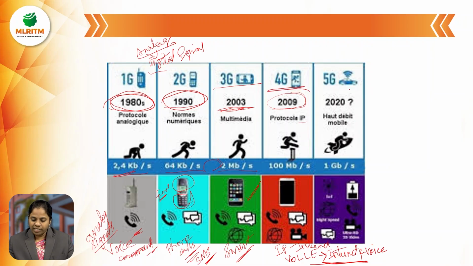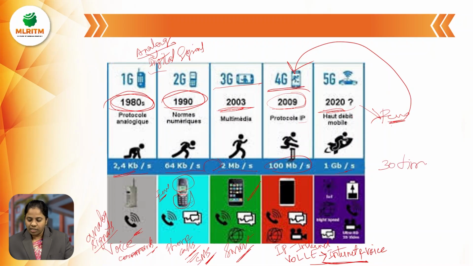Coming to fifth generation, it came into existence from 2020. In few countries, it has not yet been implemented, and only fourth generation mobiles are used. This is now being launched in many countries, and the speed compared to 4G is 1 GB, almost 30 times faster.